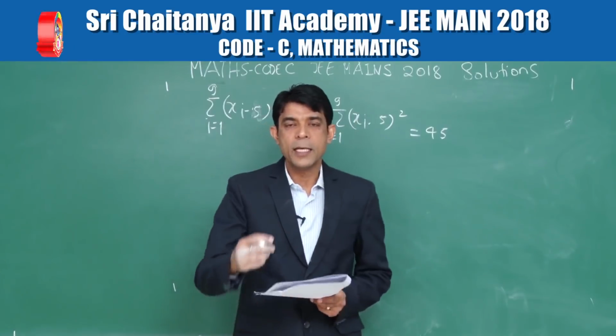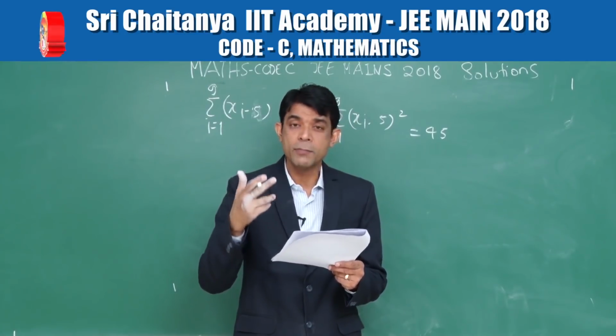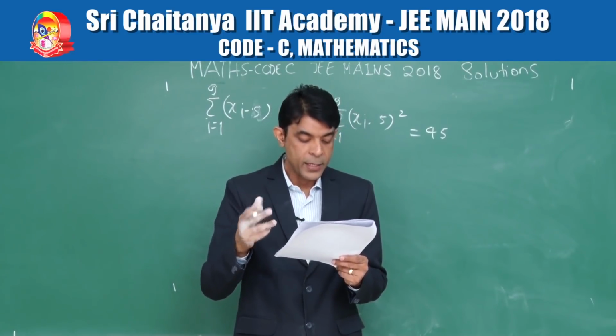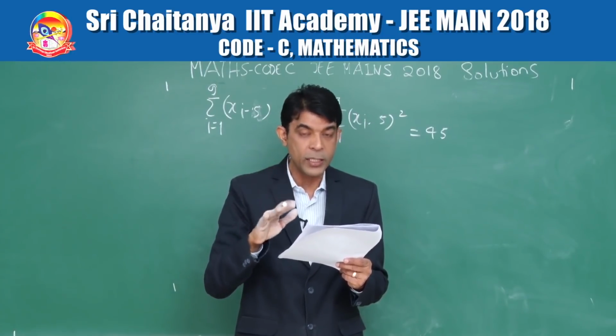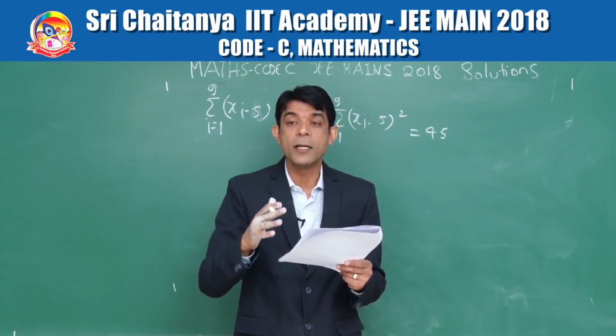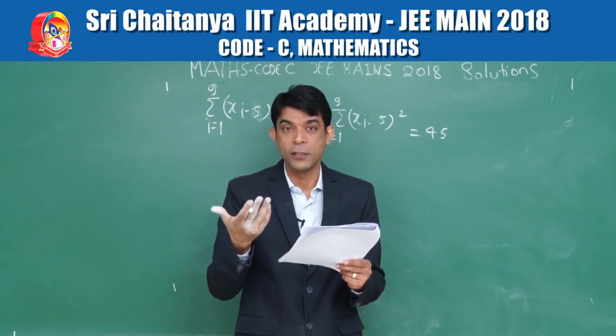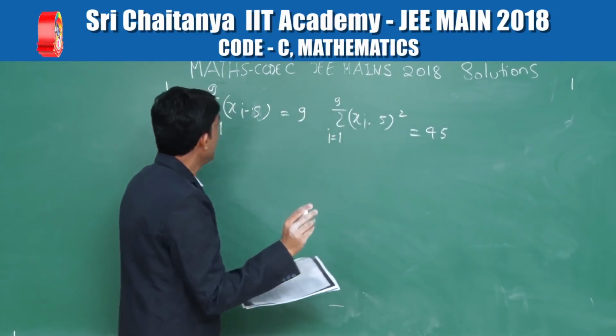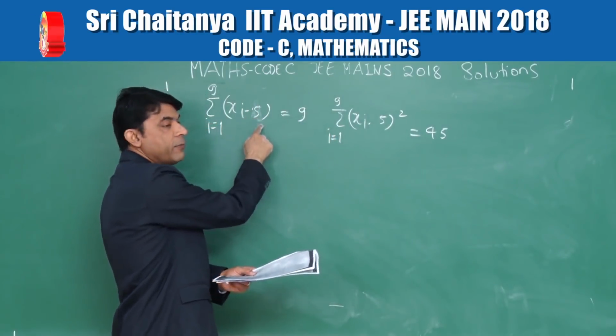Let's make sure of the fact that standard deviation does not depend on the change of origin. So it remains invariant under the change of origin. Let's apply this idea and work with xi minus 5.